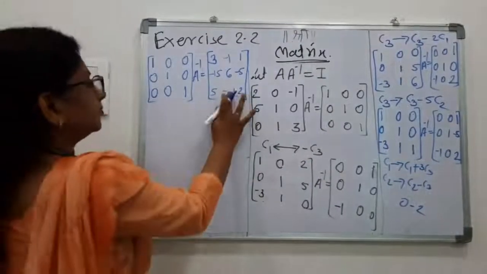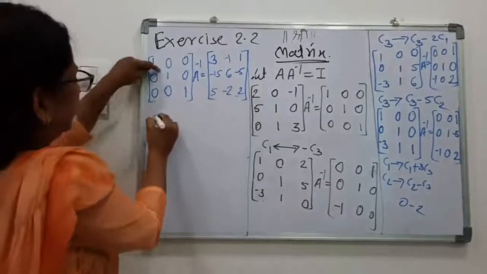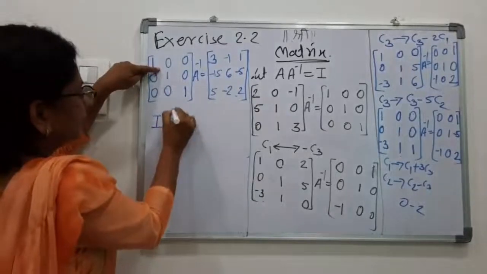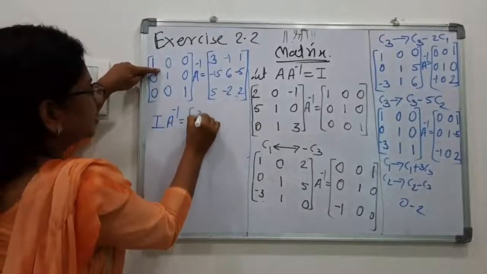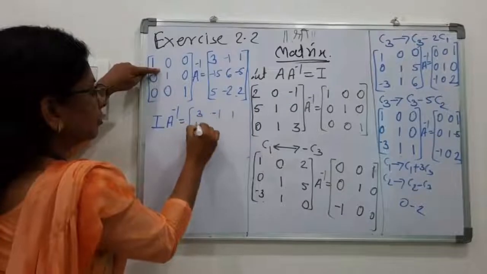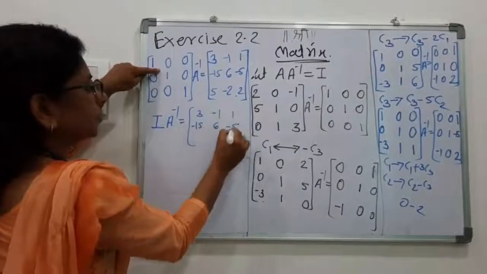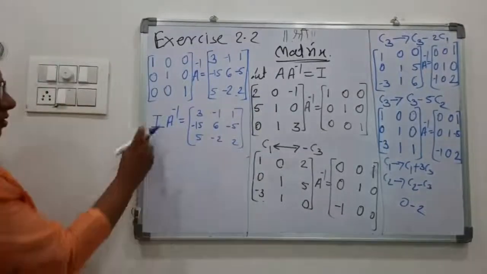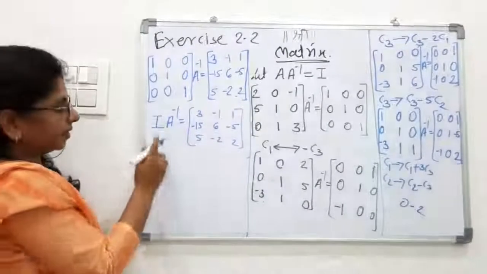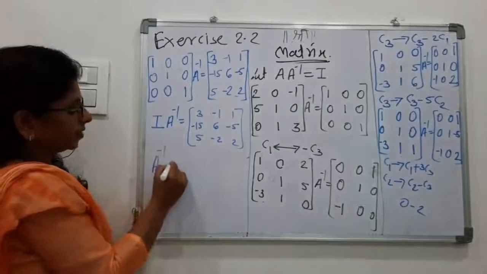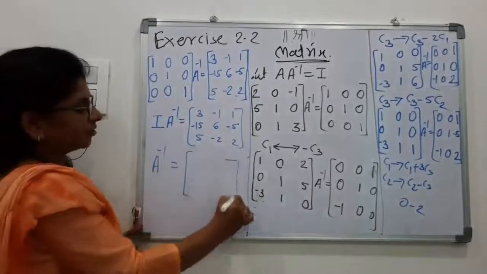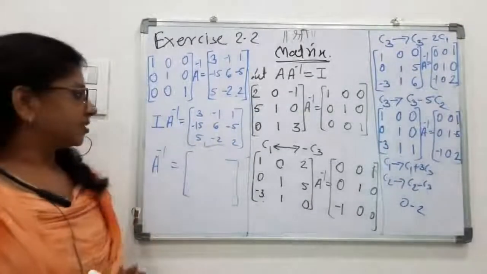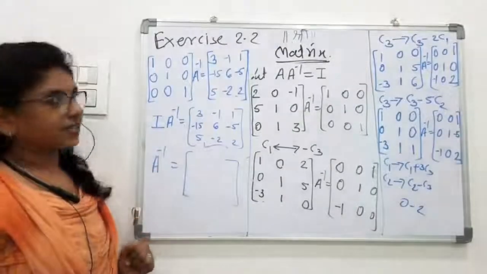Now see here, this is your I, this is A inverse, and this is matrix 3 minus 1 1, minus 15 6 minus 5, 5 minus 2. Anything into identity matrix is same matrix. So this is the inverse of given matrix A.